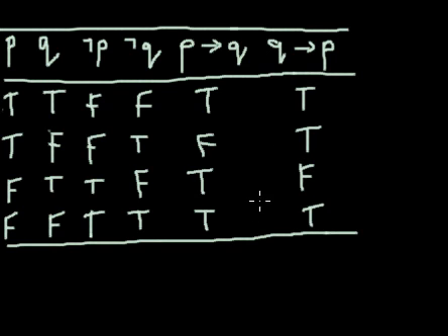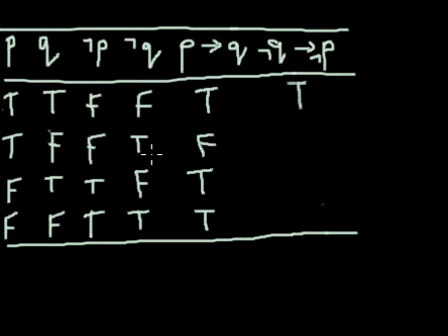Let's draw another one. This time we'll use contrapositive: not Q implies not P. All we need to do is find the truth value of the contrapositive, not Q implies not P, and see if it is logically equivalent to P implies Q. Not Q is false and not P is false, which means the statement is true.